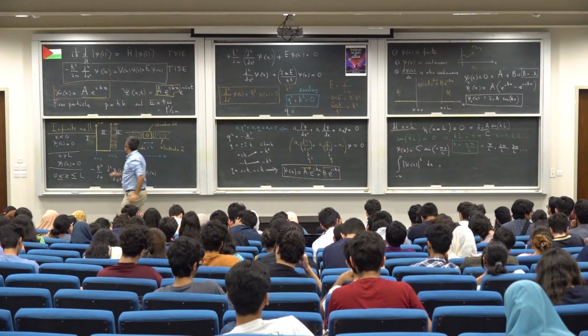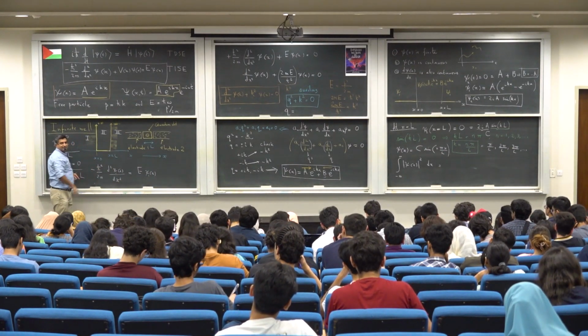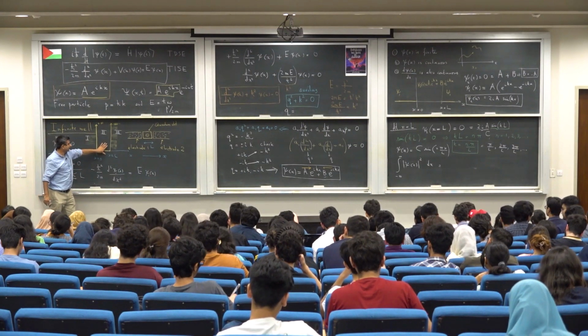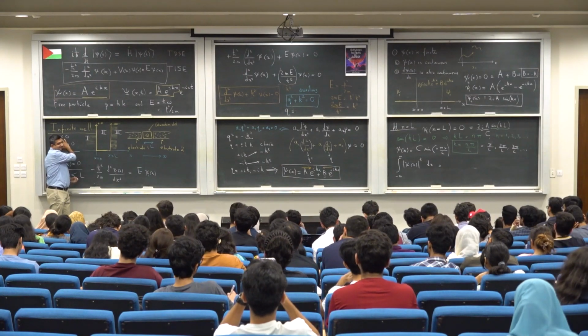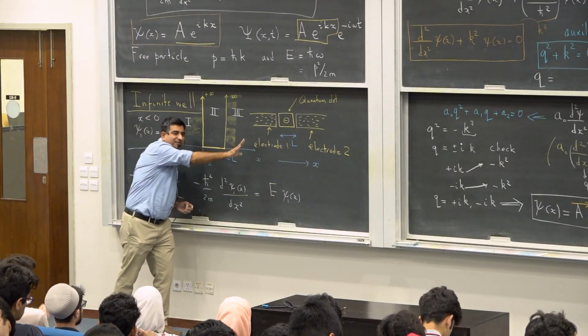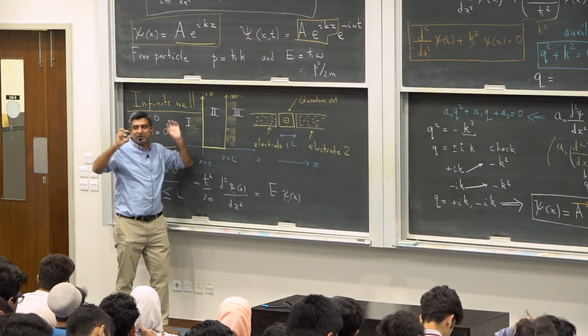Now, is it possible to find out C, capital C, by some other constraint?